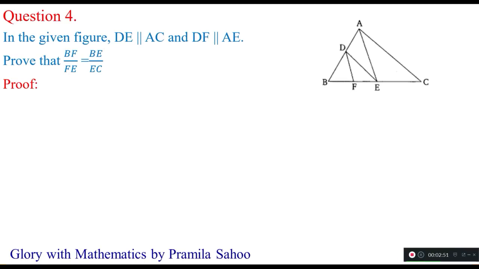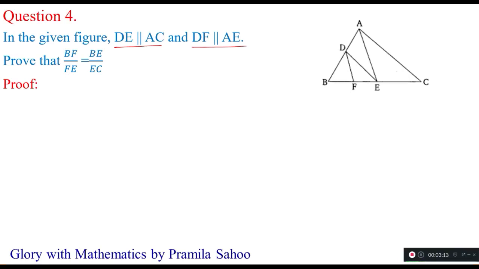Next, question number 4. In the given figure, DE is parallel to AC and DF is parallel to AE. We have to prove BF by FE is equal to BE by EC. So let us prove.